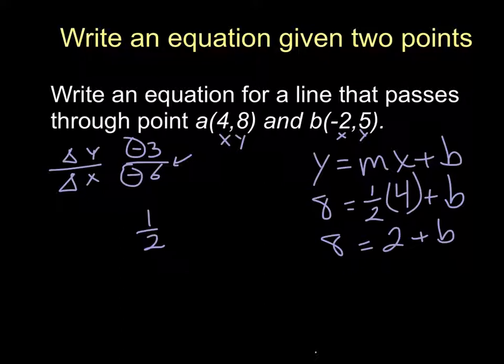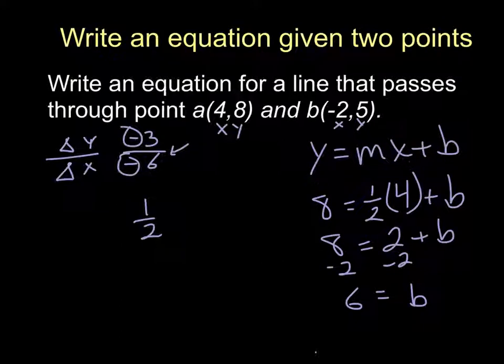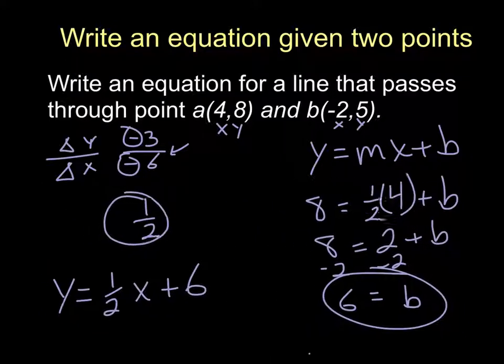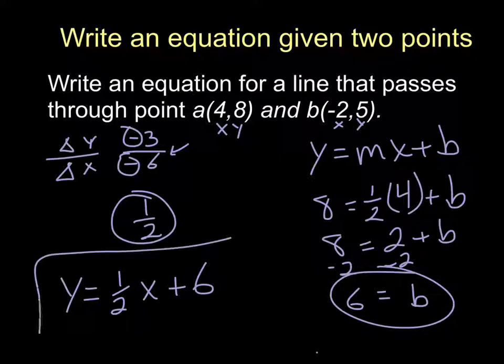Now remember, I want to get b by itself, so I'm going to subtract 2 from both sides. So b, or the y-intercept, is going to be 6. Now I know the slope and the y-intercept. So my formula becomes y is equal to 1/2 x plus 6. So there is my equation right there.